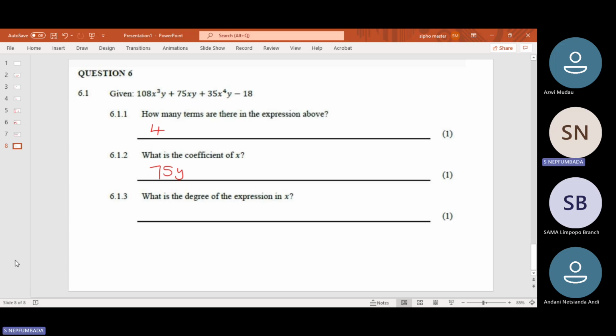The degree is the exponent of x. That's how we find the degree.